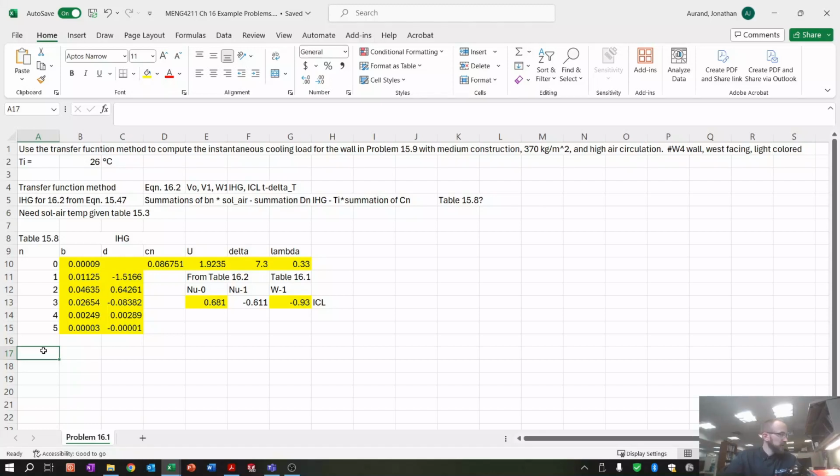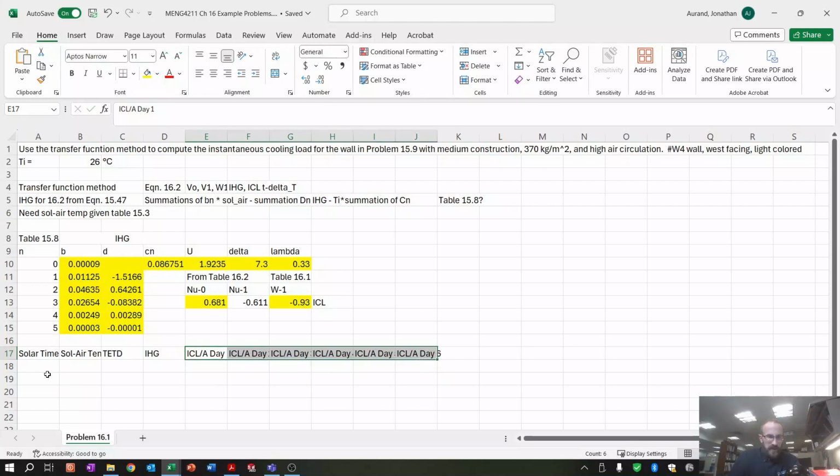So I'm going to start in solar time down here, solar air temp, and I'll put in TD. I think I'll need that along the way. IHG is in here, ICL per A, day 1, and I don't know if this will be smart enough. Oh, there we go, look at that. So we'll copy this over a few days worth.